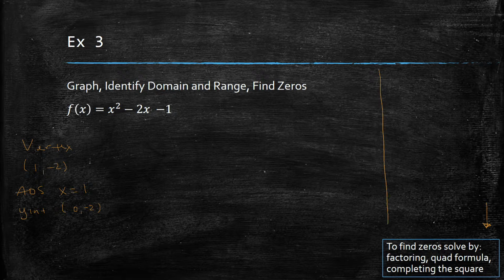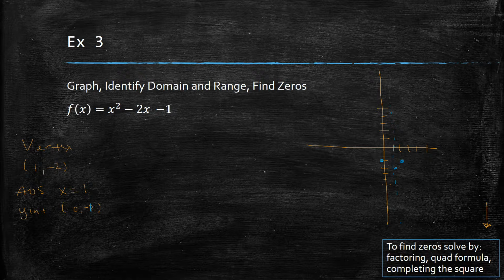We already know what our domain and range are. Vertex is at (1, -2). We know that our y-intercept is at (0, -1), sorry. Our axis of symmetry is right there, which means we can reflect our point here.